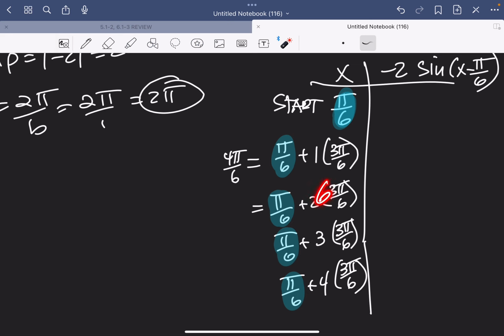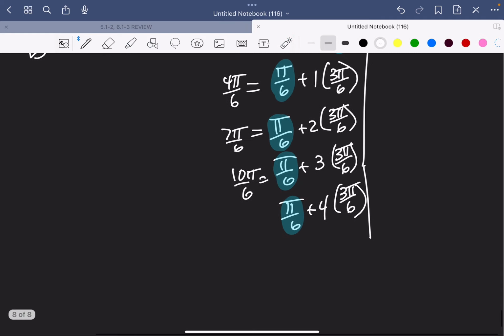So 6 pi over 6 plus 1 pi over 6 is 7 pi over 6. So 3 times 3 is 9 pi over 6, right? So we've got 9 pi over 6 plus 1 pi over 6 is 10 pi's over 6. Here, I've got 4 times 3 is actually 12 pi over 6 plus 1 pi over 6 is 13 pi's over 6.